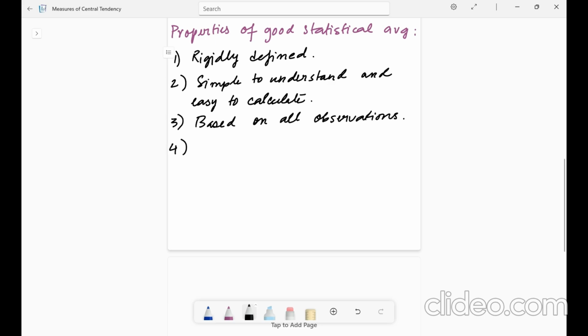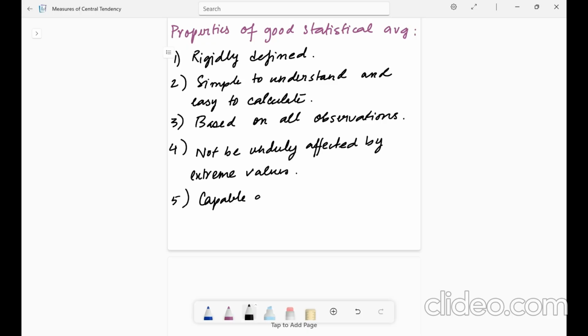Fourth, it should not be unduly affected by extreme values. Fifth, it should be capable of further mathematical treatment.